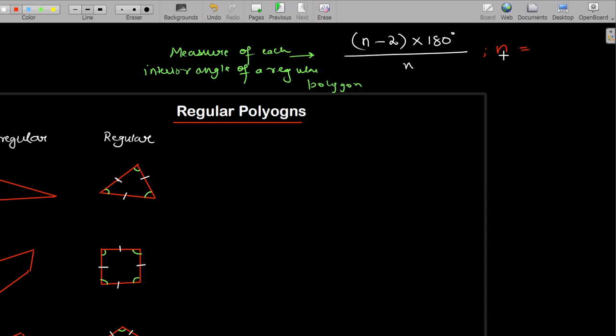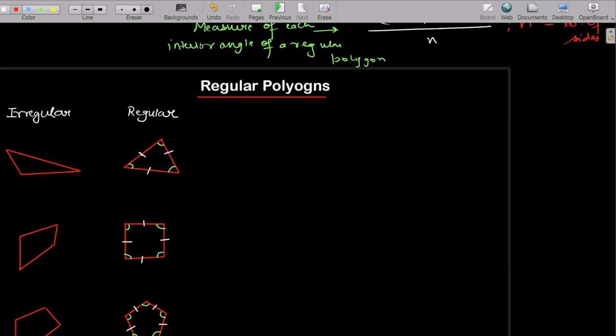So n is the number of sides. 540 over 5, not 3. That's gonna be 108. So each angle of this pentagon is going to be 108.